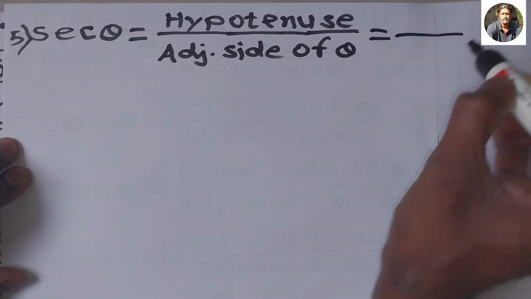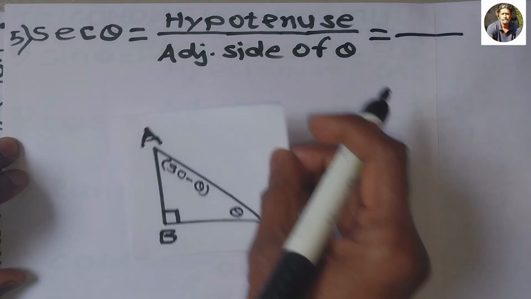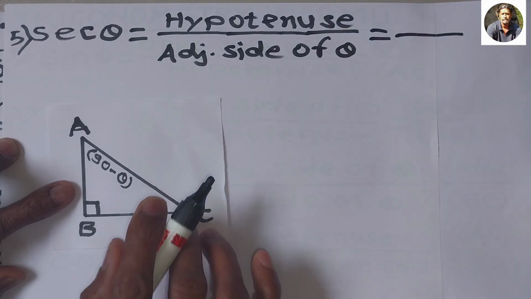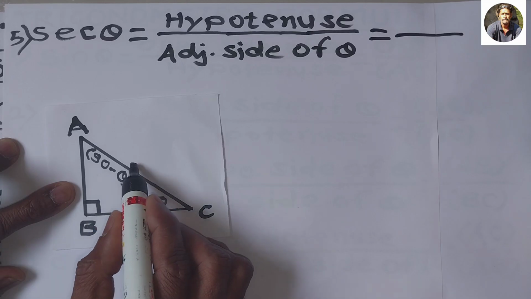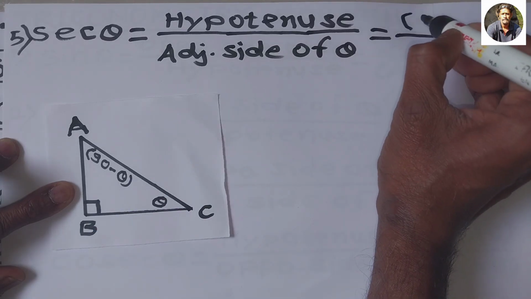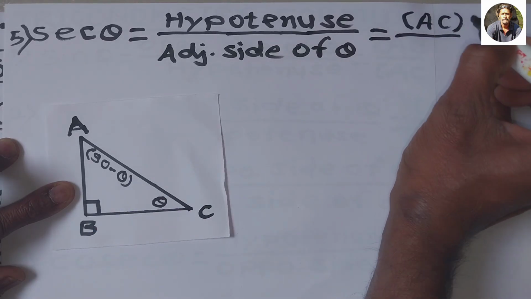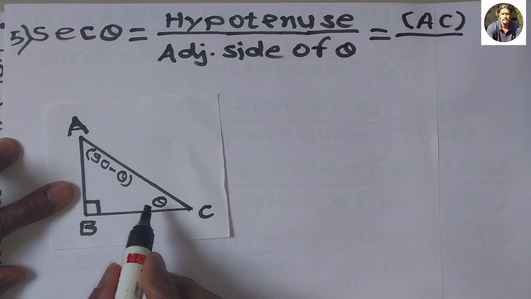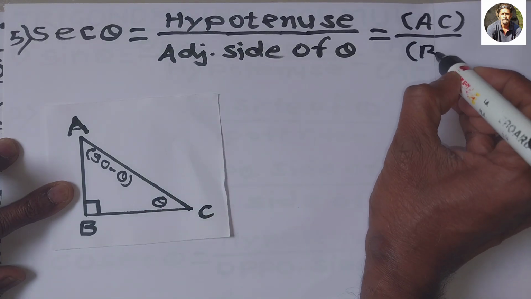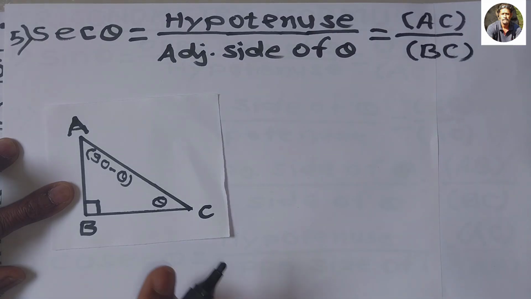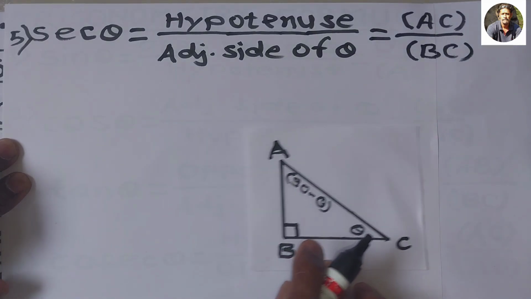Therefore, we write here, look here, this is our right angle triangle. Hypotenuse opposite side of right angle, that is AC here, AC upon adjacent side of theta, that is BC. Therefore, AC upon BC. This is the fifth one.